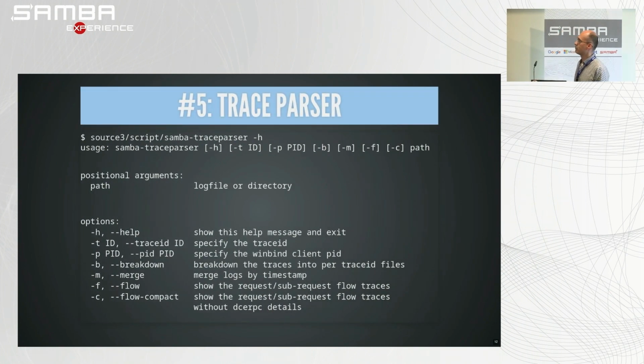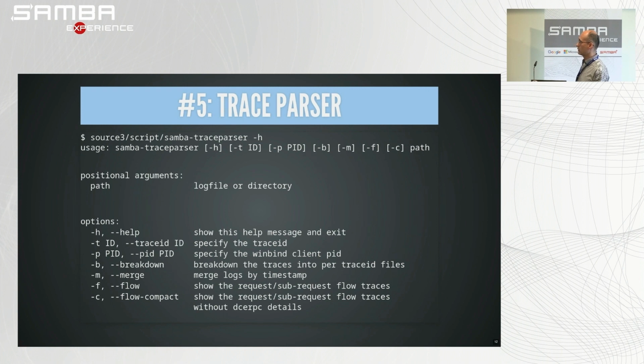And the last step was to create a tool which helps to extract the data from the traces, which contain everything. The name of the tool is Samba trace parser, and we can ask it to give me all trace logs for a specific winbind client process ID, which will be translated to a set of trace IDs, or we can ask to see only a particular trace ID.